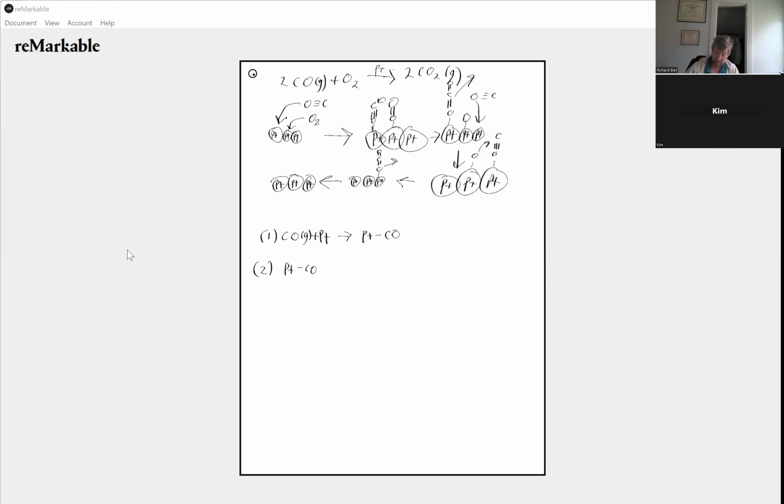That platinum carbon monoxide complex, and actually this is going to be a slightly different mechanism because I don't know exactly how it works, but an oxygen is going to come along and see that carbon sticking out, and we're going to form a platinum carbon trioxide, which is kind of what this species is.